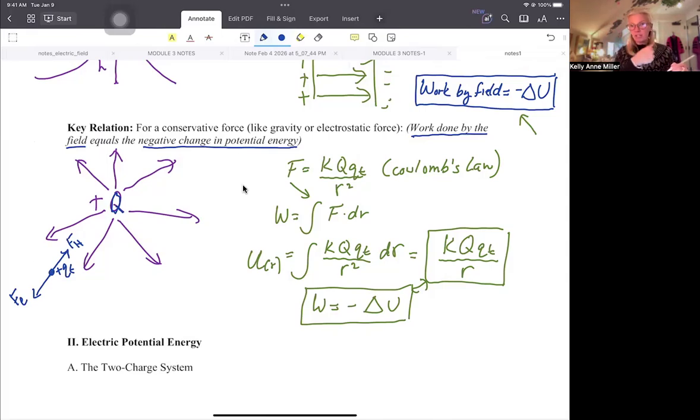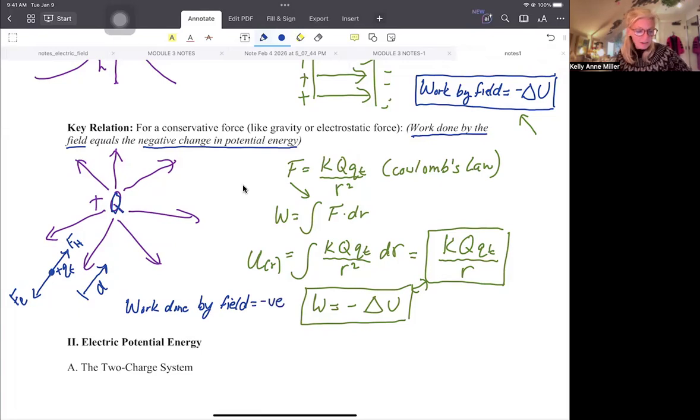Okay, so the electric field is pushing it, but I'm displacing it in this direction, because I'm getting it closer to the big positive Q. In that case, the work done by the field is negative.